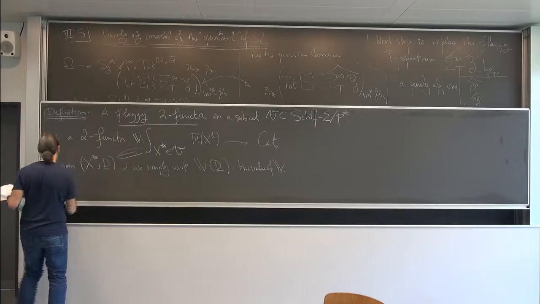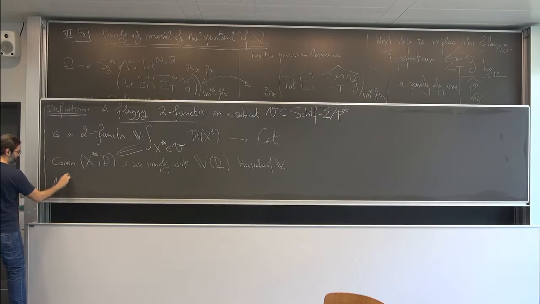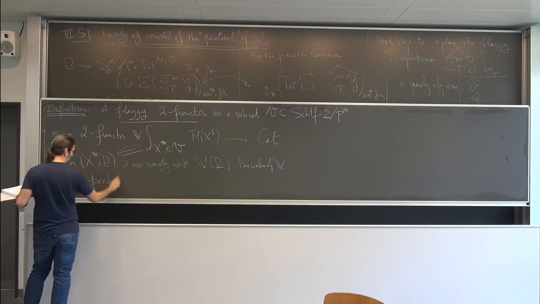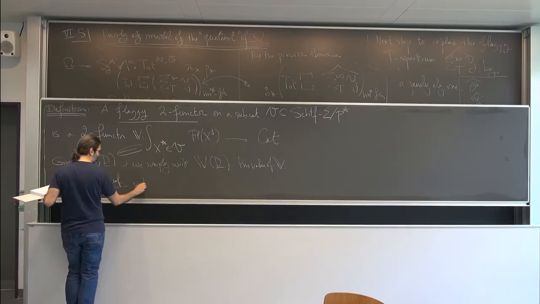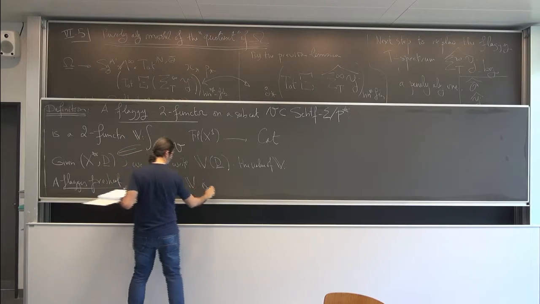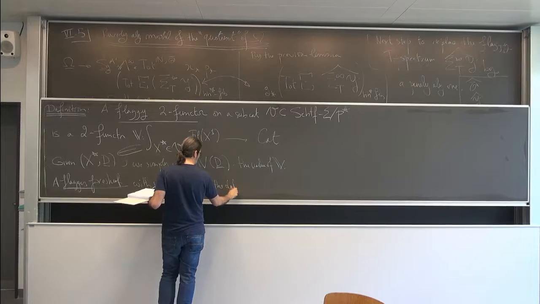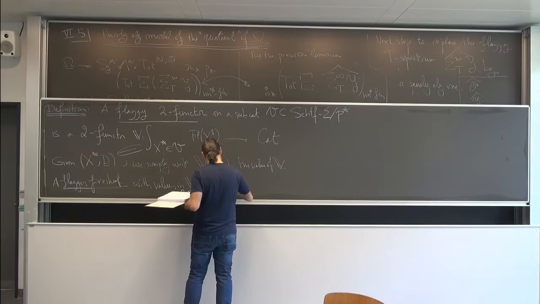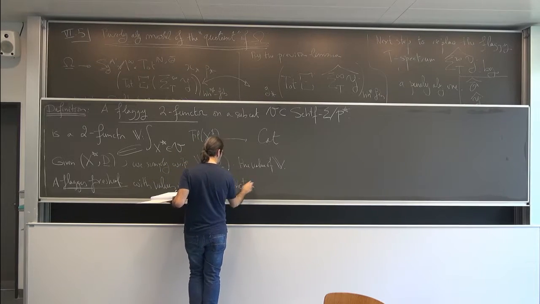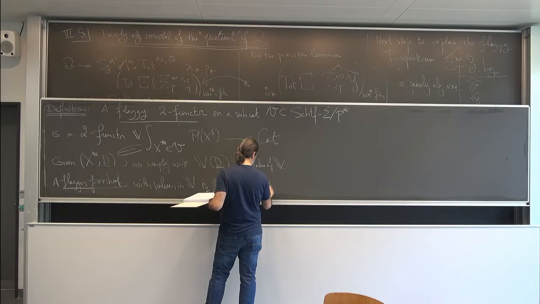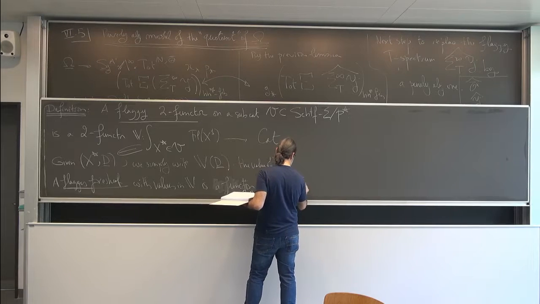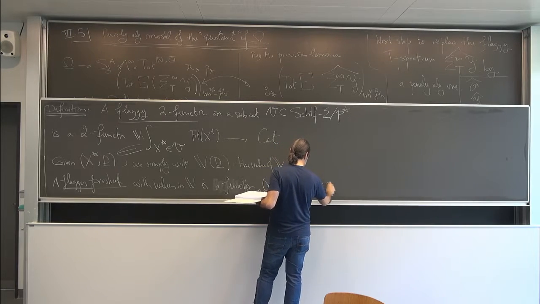So if I'm given such a thing, a flaggy presheaf with values in V is, what you imagine, the data of a function which takes a pair to an object that belongs to VD.